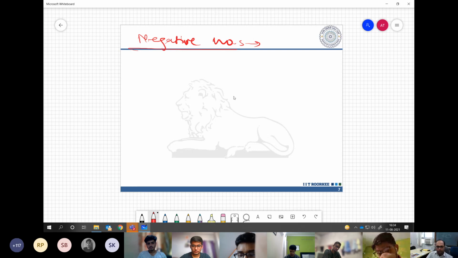Again, taking an example from what we know: how do we represent a negative number in our general number system? Using a minus sign. Yes.